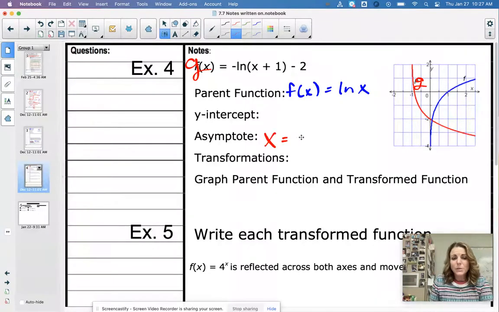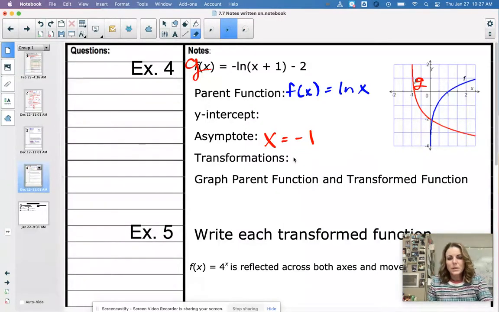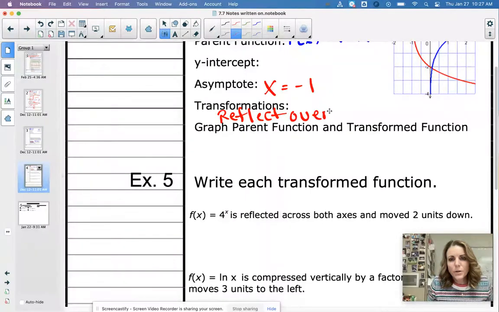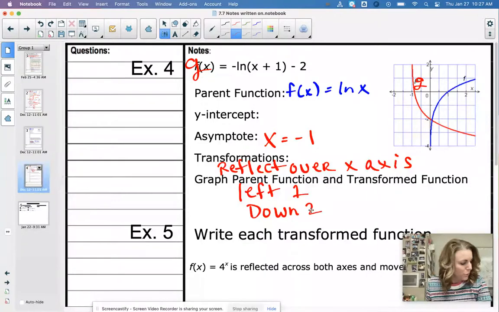It's going to be x equals -1. What are we doing here? Well, number one, we're reflecting over the x-axis. What else? We're going to the left 1, and we're going down 2.